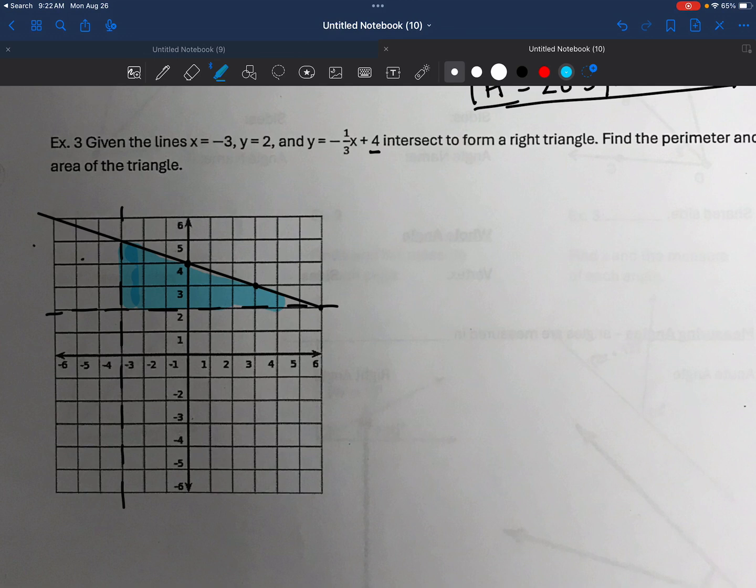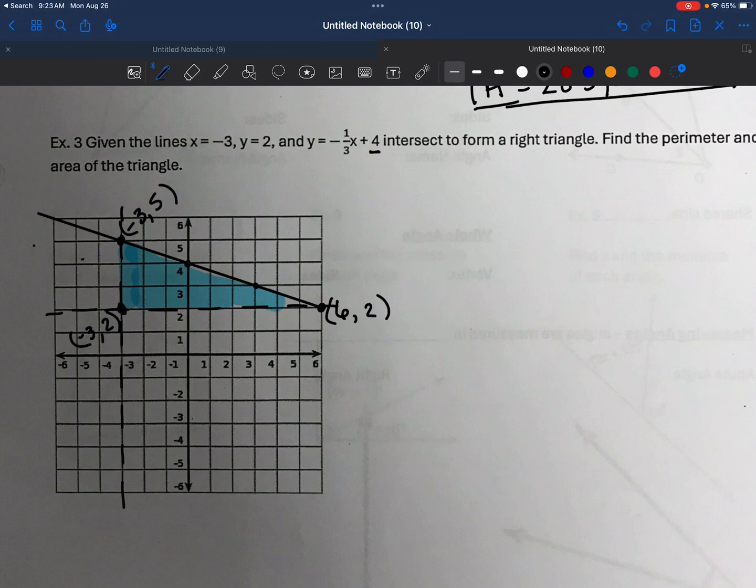Now, on this one, can I easily find two of my sides? Yes. Okay. So let's label these points so we kind of know where they're at. We have -3, 5, -3, 2, and 6, 2.